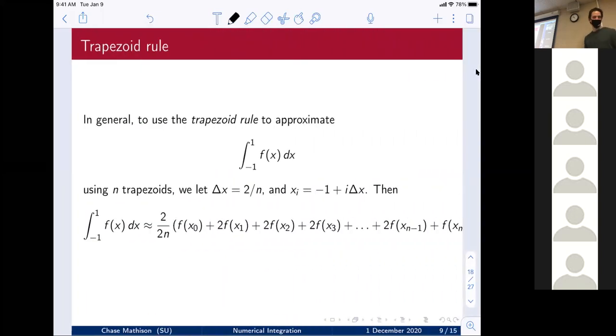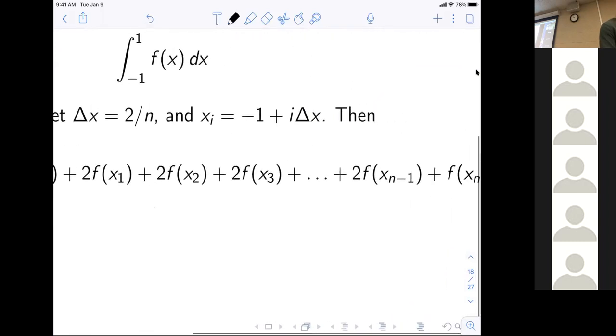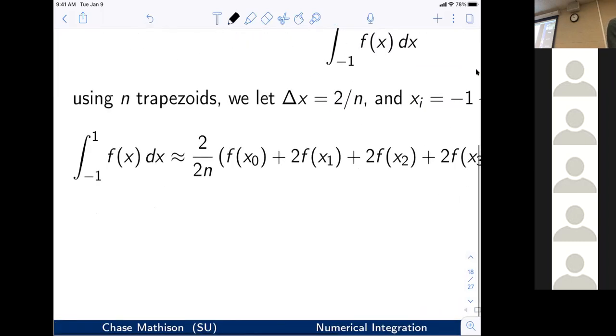And you get the following. It's a little long to write out. So if I write this out without anything getting cut off, we would see that this is equal to 1 over n, 2 over 2n cancels, right? So 1 over n times f of x0 plus, and then all the interior points get 2's on them.